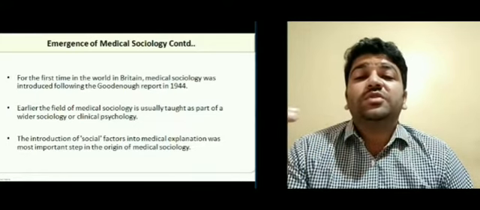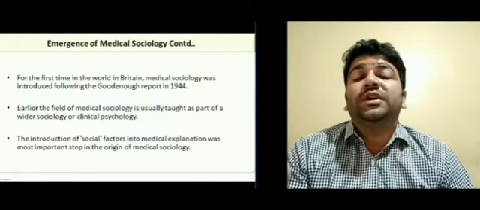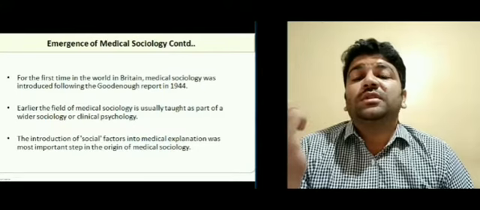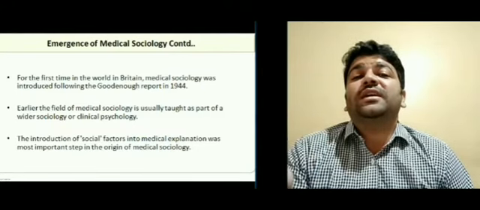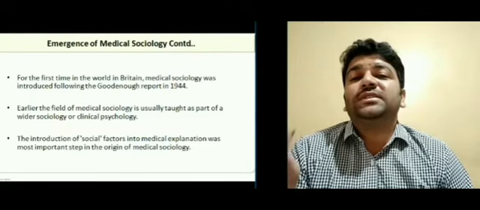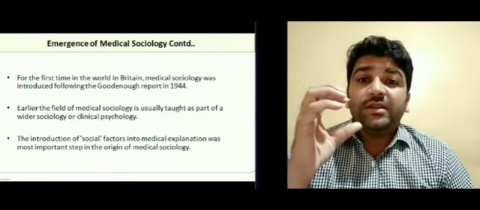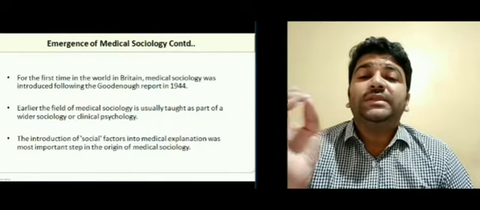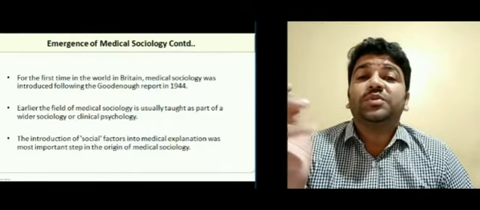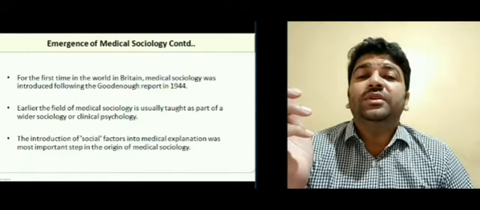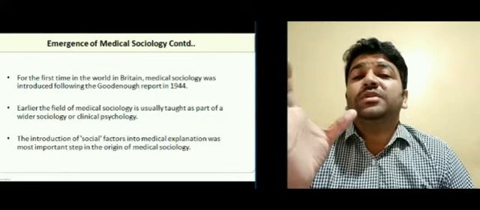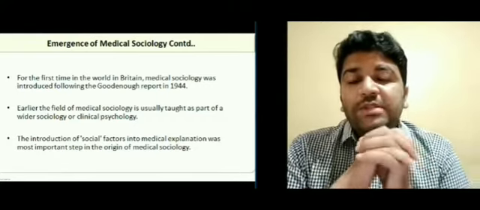The introduction of social factors into medical explanation was most strongly evident where we can see the impact of community, particularly in social medicine. There was a concept of social medicine, and later general medicine also. So the term medical sociology, when it came, this is very important.